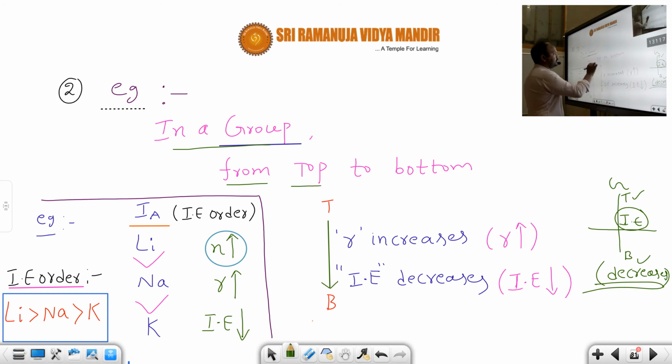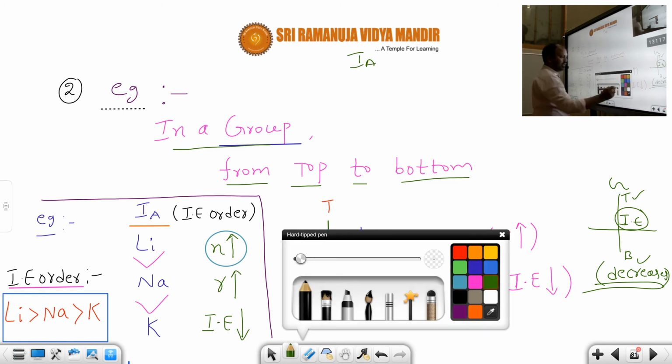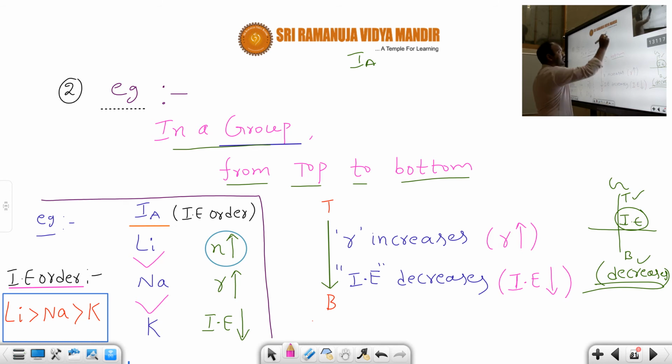From top to bottom along the group, what will happen? If you take group 1A, what elements are there? Alkali metals: lithium, sodium, potassium. The valence electronic configuration of lithium is 2s1, sodium 3s1, potassium 4s1. That means the orbit number changes: second orbit, third orbit, fourth orbit.